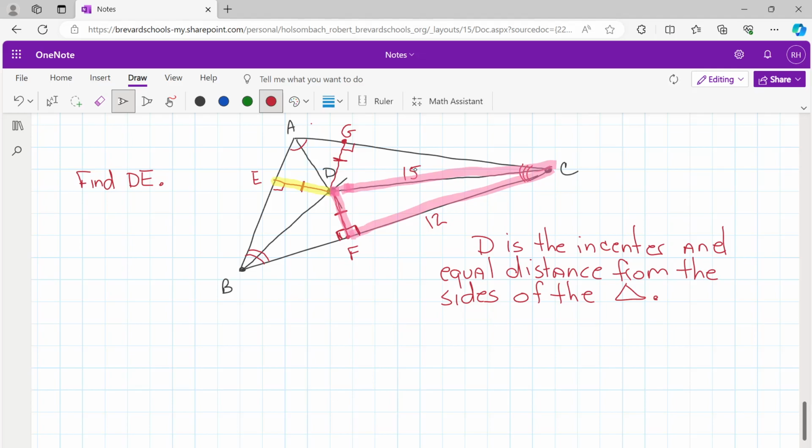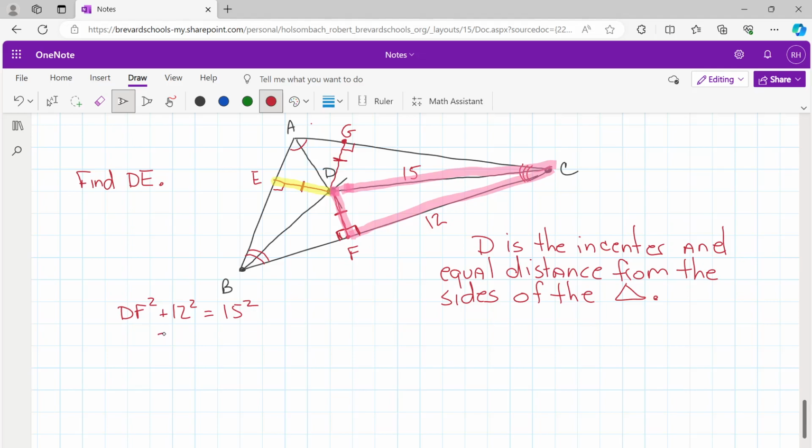And we know two sides of that right triangle. All right, so what we can say is that we're going to use the Pythagorean theorem. We're going to say that DF squared plus 12 squared equals 15 squared. And we're going to find DF because we know DF is congruent to DE.